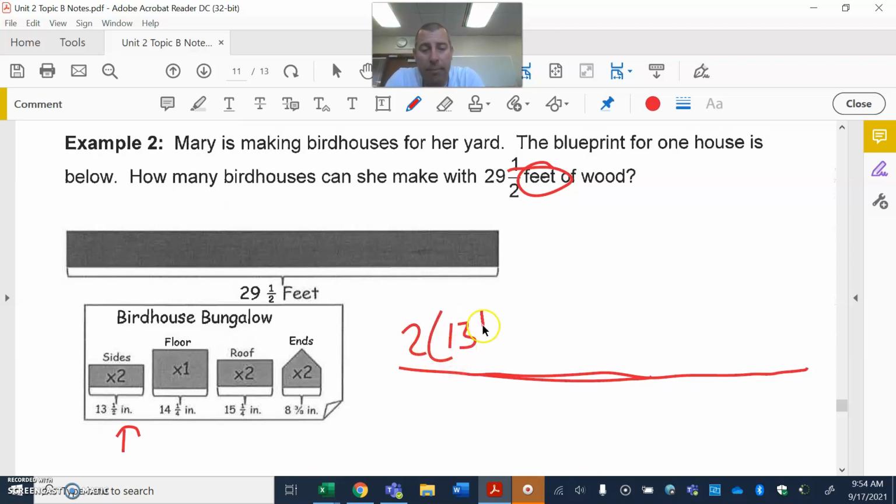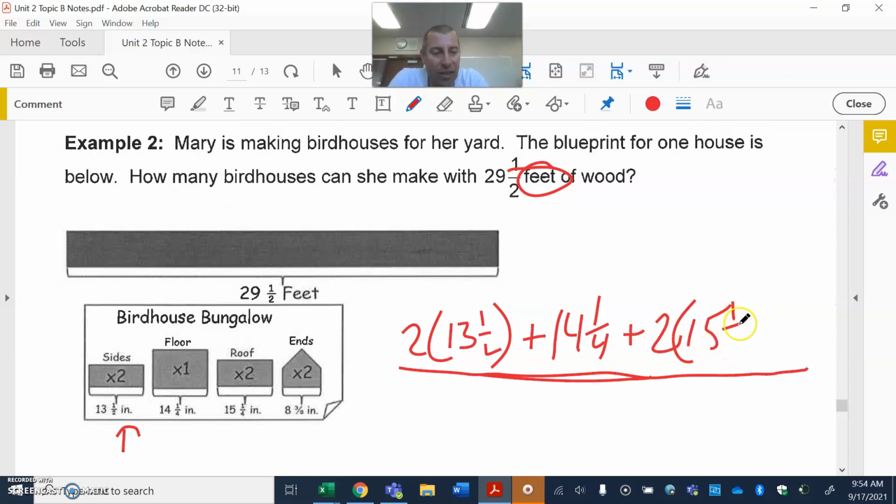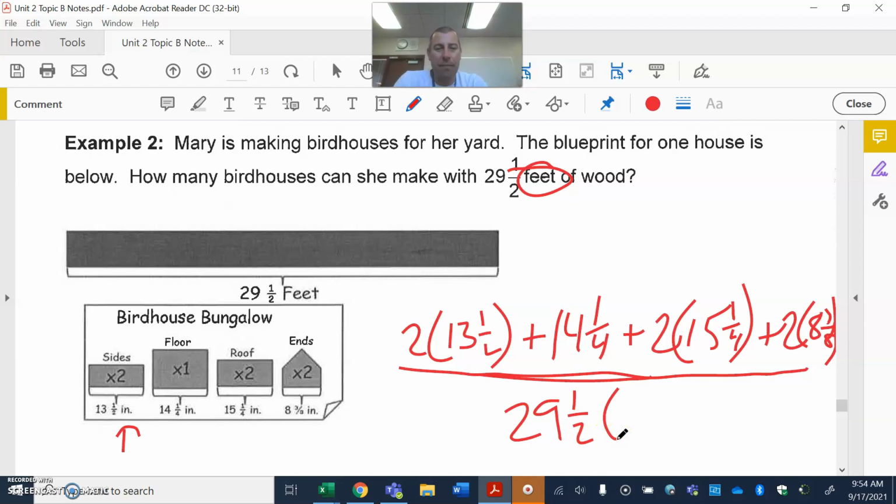So yeah, I could say 2 times 13.5 plus only 1 of the 14.25, plus 2 times the 15.25, plus 2 times the 8 3/8. All of that is being divided by, well, but not 29.5. It's 29.5 times, and then how many inches? Yeah, 12 of them here.